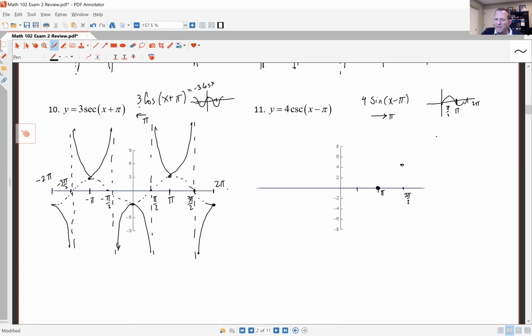So thinking about how this graph would look shifted pi units to the right, it's going to be the sine wave flipped, -4 sine x. So this graph is going to start average, go max, go back to average, and it's going to be -4 and 0.